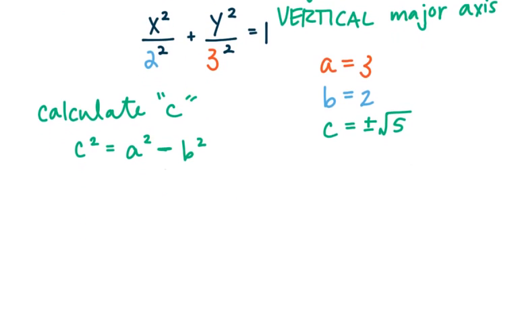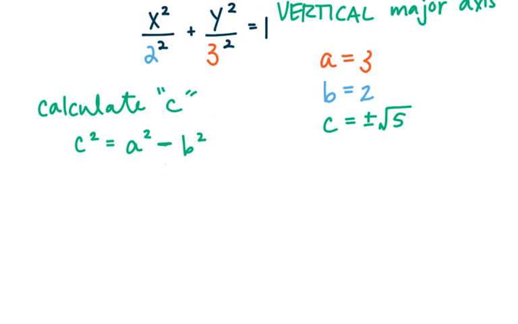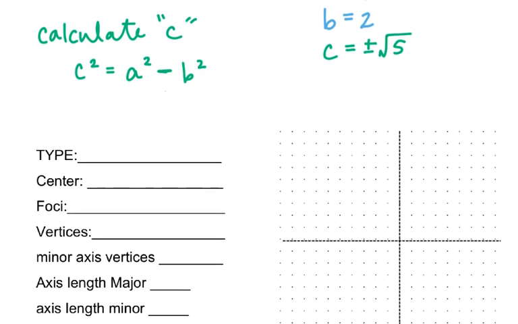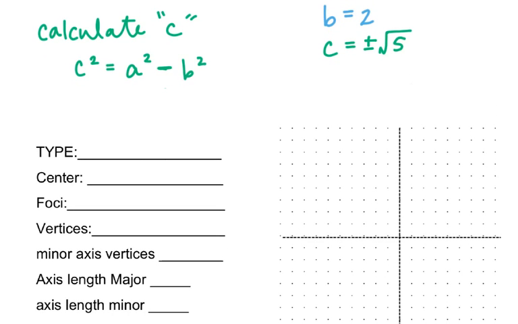So as we go about graphing this and listing all of the attributes, I think it's helpful for us to do them both simultaneously. So I'm not going to just list my attributes and then graph, or graph and then list. I'm going to kind of work on them both at the same time. All right, so moving along, we know that this is vertical because the larger number was under y.